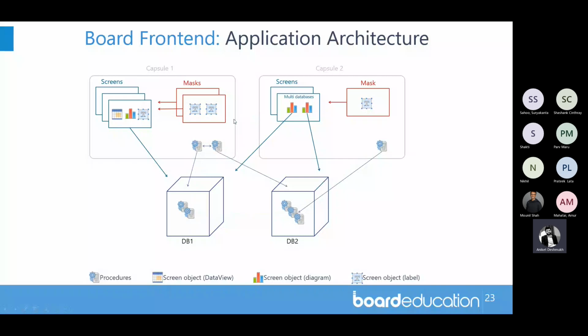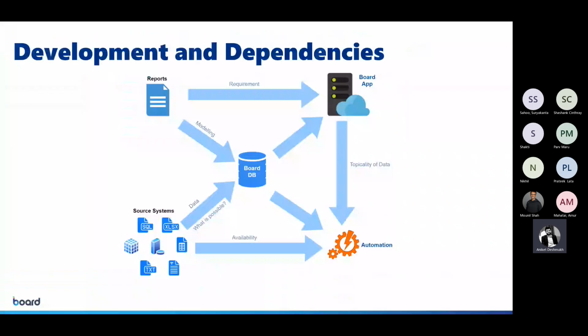A capsule procedure can be run only when that particular button is clicked or that capsule is open. The data exchange between capsules is not allowed. The data exchange between the capsule and the procedure in the capsule, and the procedure in the database, is allowed. Calling a procedure from a database into another capsule is not allowed. Calling between the procedures in the database is allowed, and so on. So this is how you can interact throughout your application.